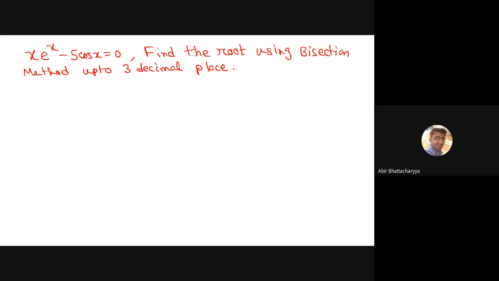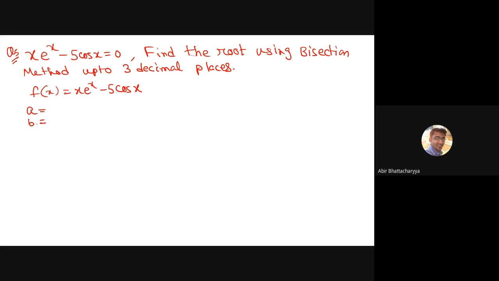This is the last question of the bisection method, and after that I will start a new algorithm and new method that is called regula falsi. So question number 5 is the last question we discuss today. All of you start working, and the first thing you have to tell me: f of x equals x e power x minus 5 cos x. What are a and b?